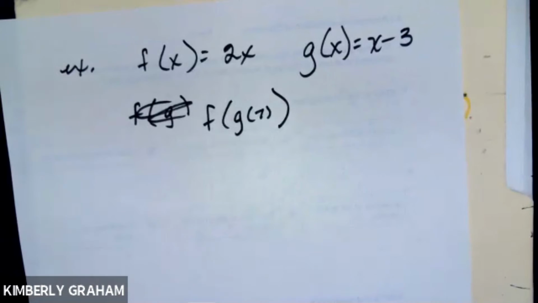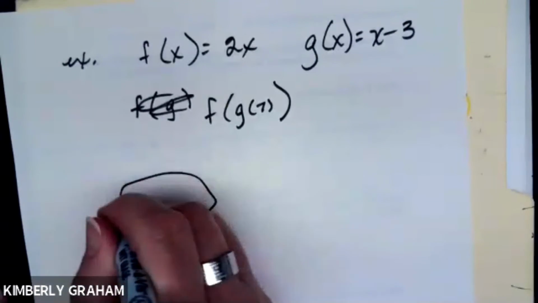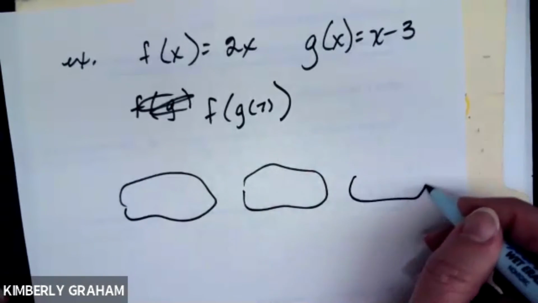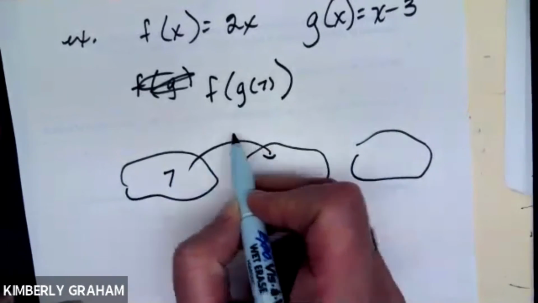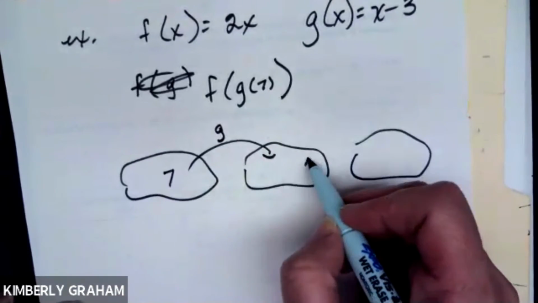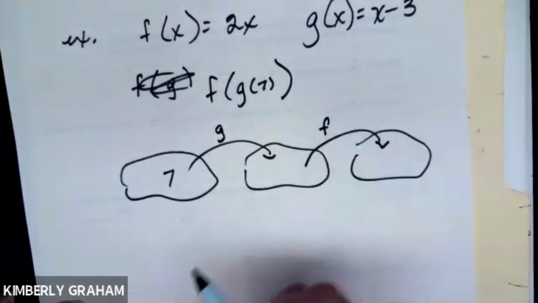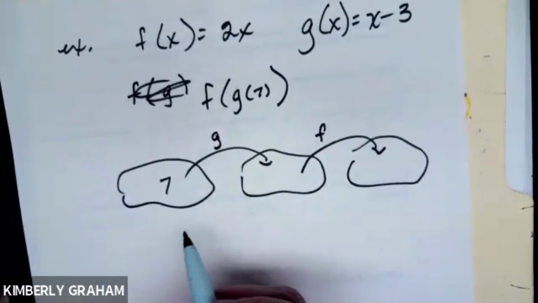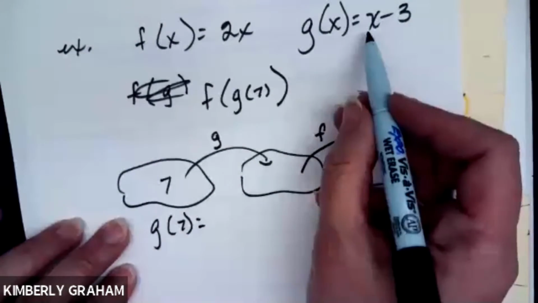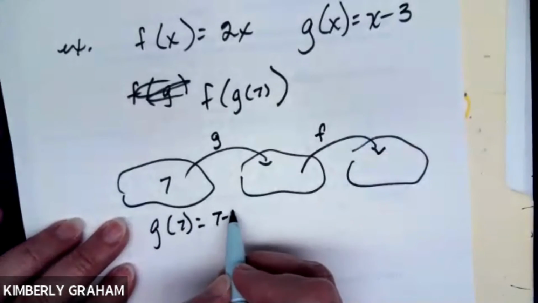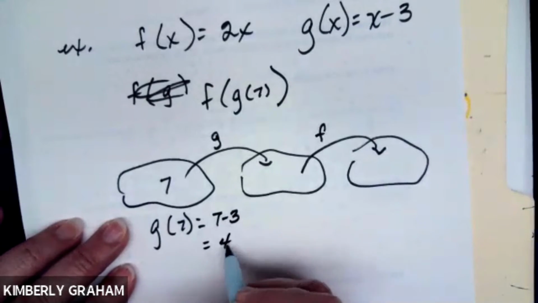Whatever I get out, I'm going to put into the f function. And I always like to do these problems as a mapping. I'm going to put 7 into the g function, and then whatever I get out is going to go into the f function. So I find g of 7, which is going to be 7 minus 3, and that's 4.